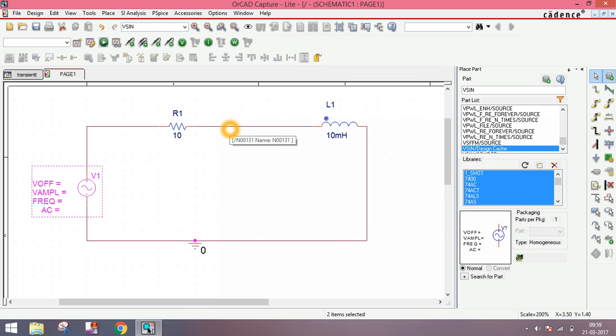So first of all, you can see in theory how a sinusoidal voltage is represented. We will take an example. V is equal to 10 sin omega t.